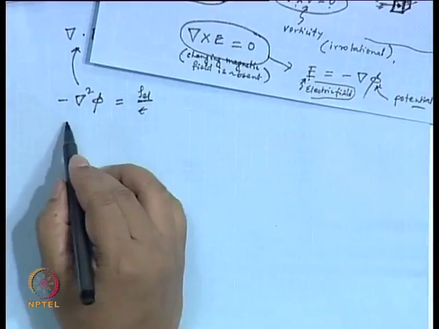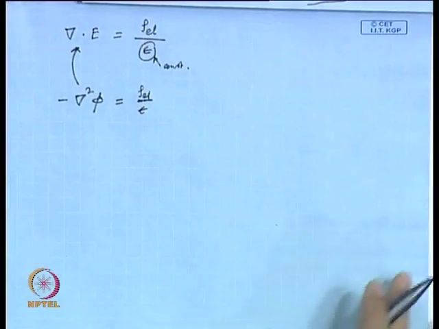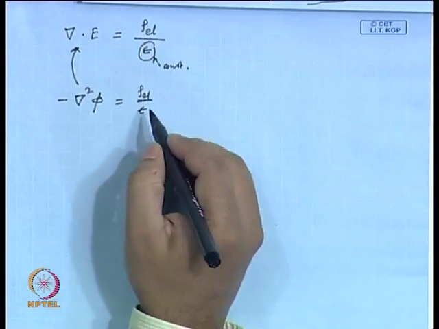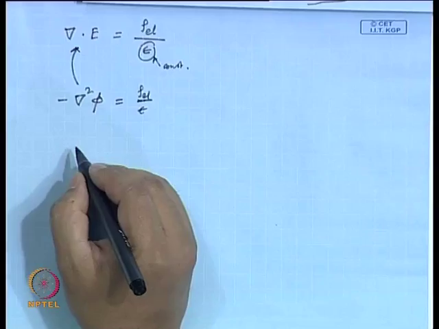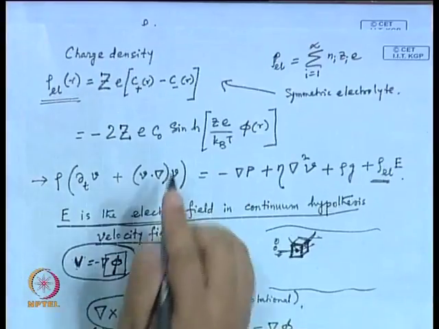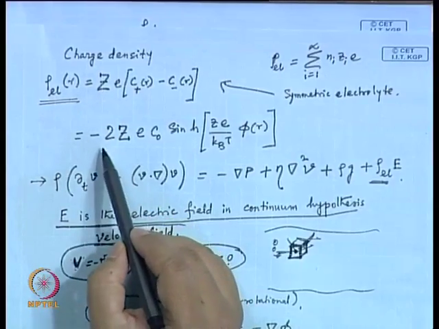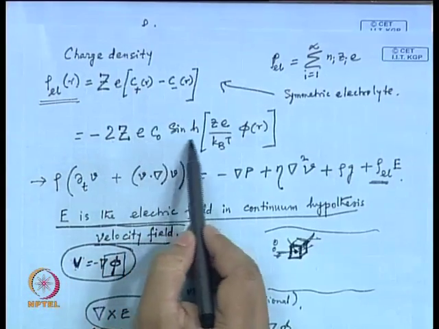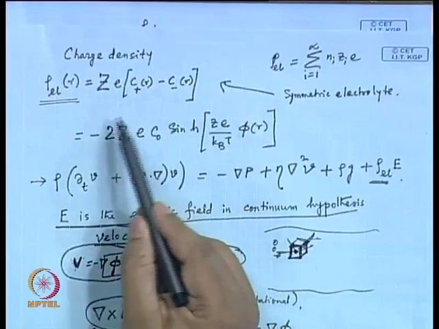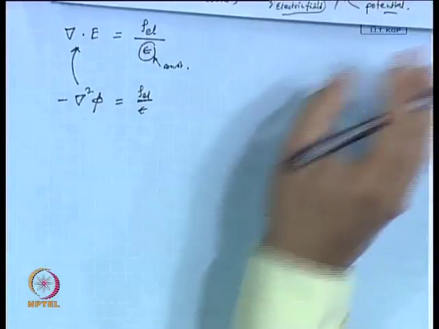So, you can write minus del square phi is equal to rho EL by epsilon if epsilon is constant. Okay. Now we have an expression for rho EL, the charge density, which is 2 Z e C 0 sinh of this quantity. This is an expression that we already have. You might have written it already in your notebook.